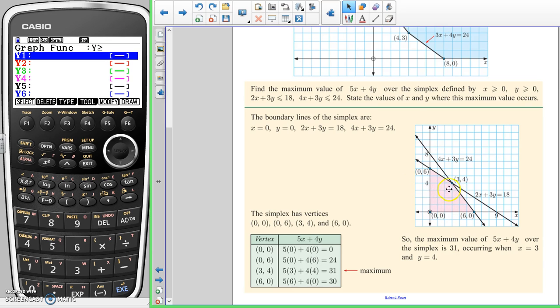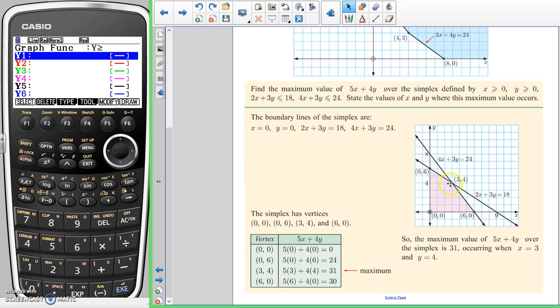Now, because this is below the line, because we've got less than or equal to, we want to find the maximum value. So what we do is create a little table here with our vertices or our coordinates. We substitute them into our objective function, the 5x plus 4y. So (0, 0) is always going to be 0, and (0, 6), so 5 times 0 plus 4 times 6, is 24, and so on, as you can see, and we find our maximum point.